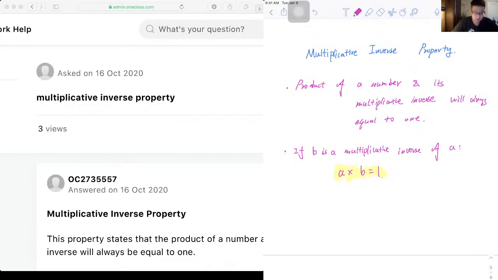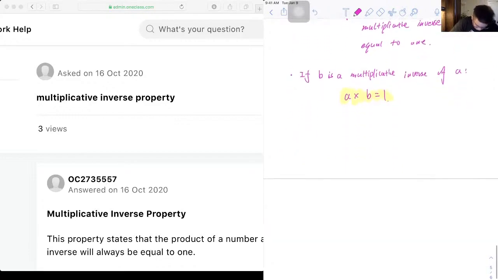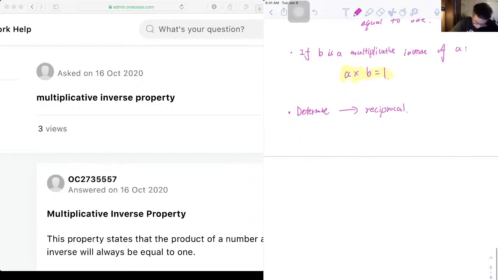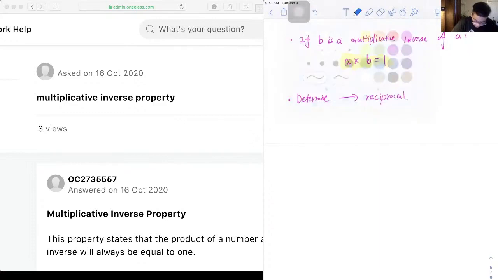And coming up, if we want to determine the multiplicative inverse of a certain number, we just need to take its reciprocal. Okay, so let's recall what reciprocal is.